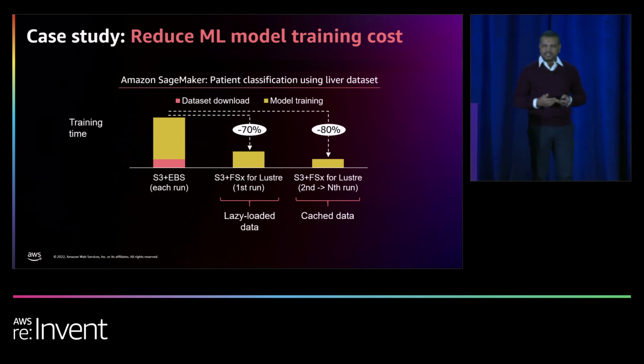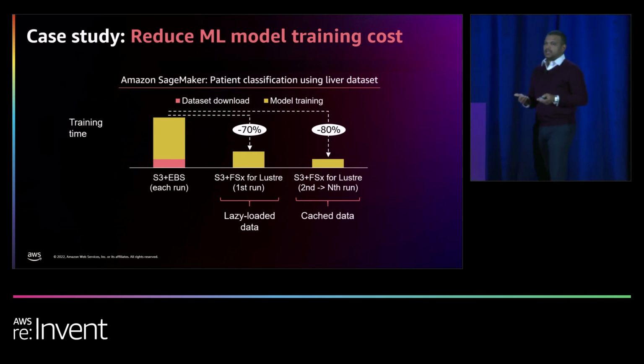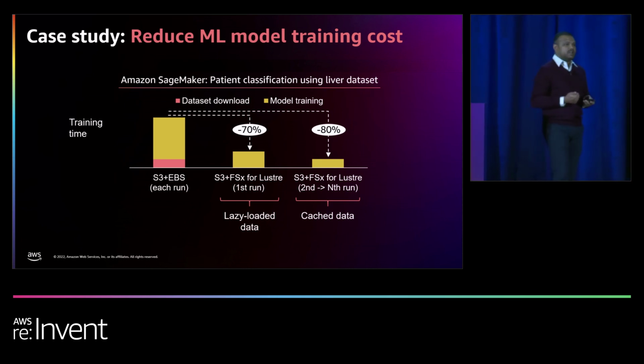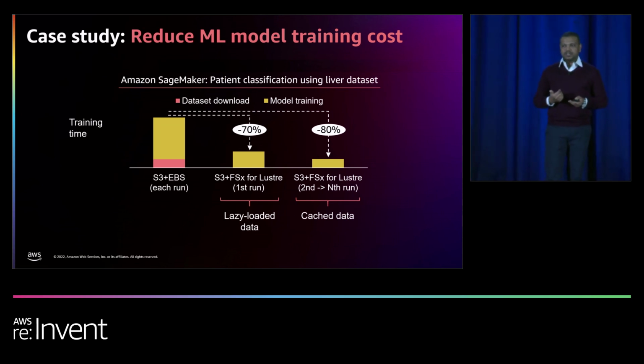So if you have data sets larger than half a terabyte, and if you're working with tens of GPU-based instances or machine learning instances, and your access patterns are random in nature, or if you're working with a large number of small files, then FSx for Lustre is the recommended solution for your machine learning training jobs, and you can really optimize it to accelerate your training jobs and also optimize for costs as well.